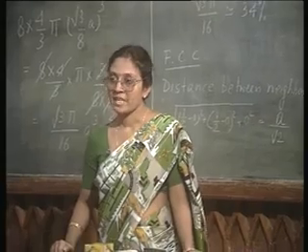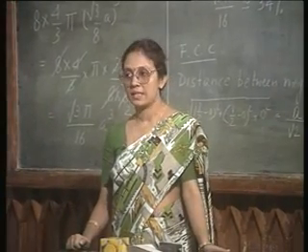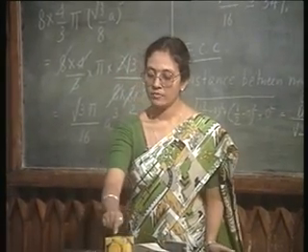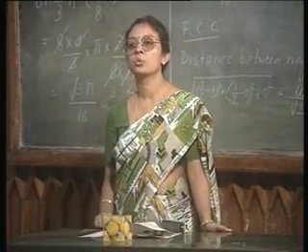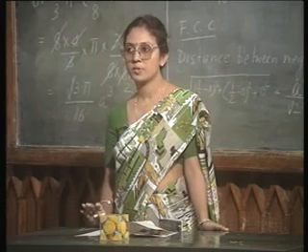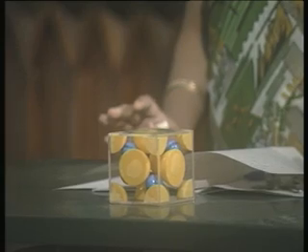And in the FCC lattice, you do not have these interpenetrating second sublattice atoms. Therefore, the total number of atoms present inside is only 4.